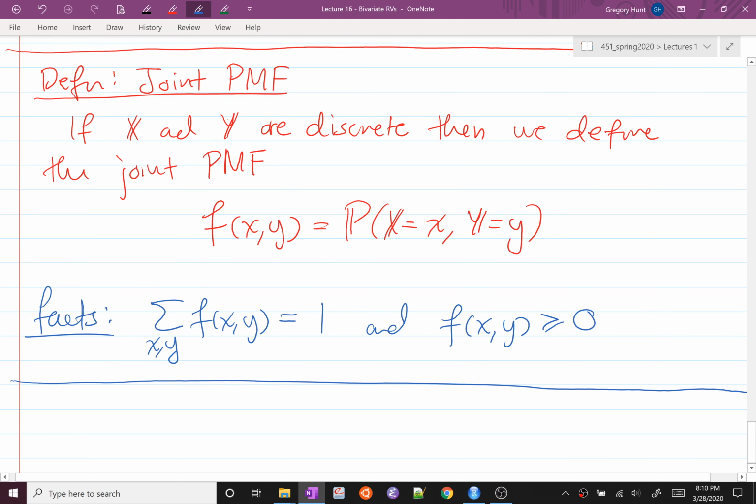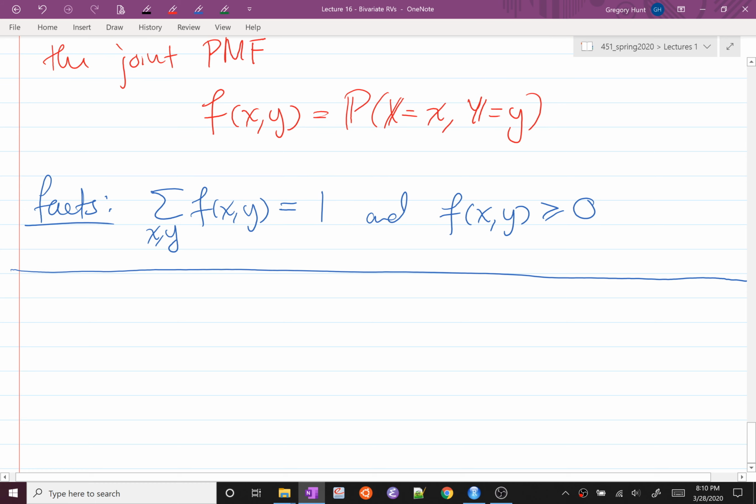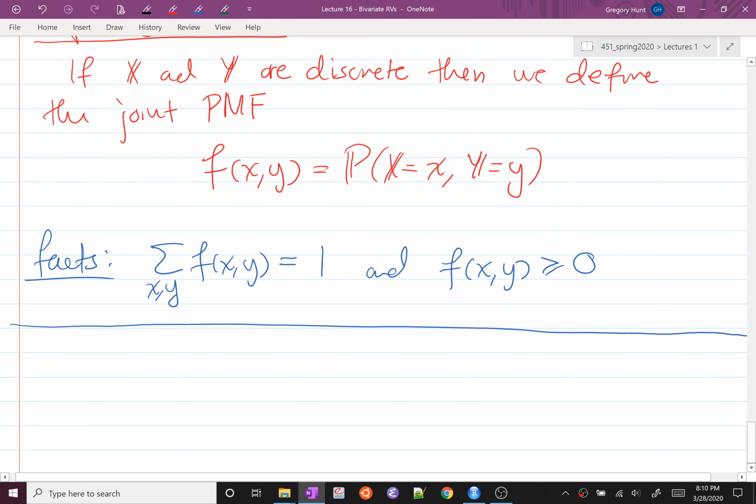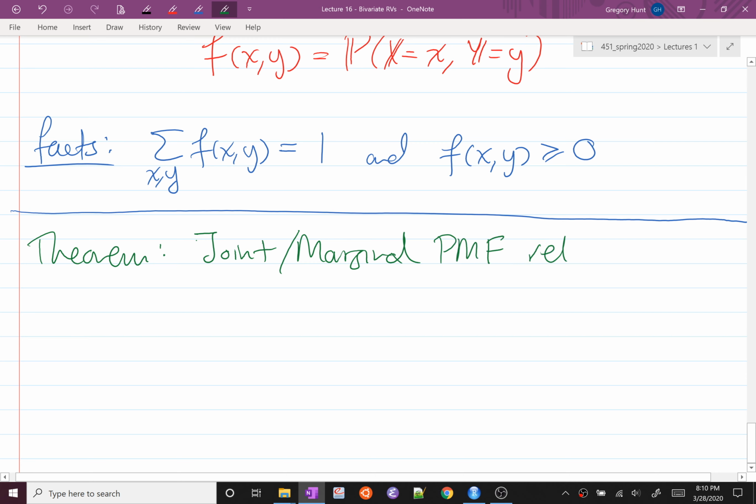The interesting facts come in when we try to relate the joint PMF here to the PMFs we're used to of each of X and Y individually, what we call the marginal PMFs. So let's write this as a theorem. This is the joint-marginal PMF relationship.